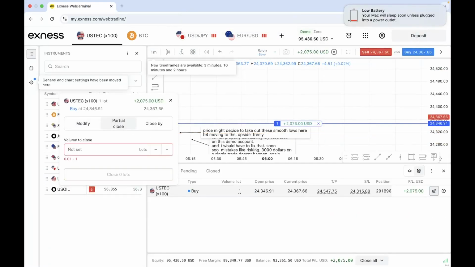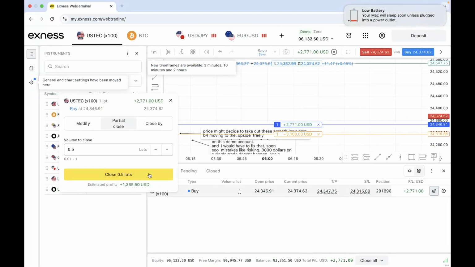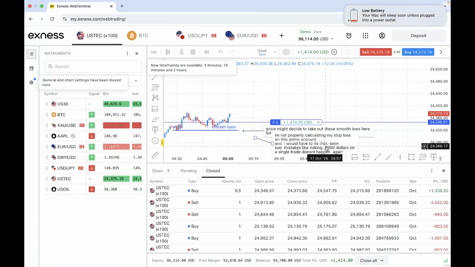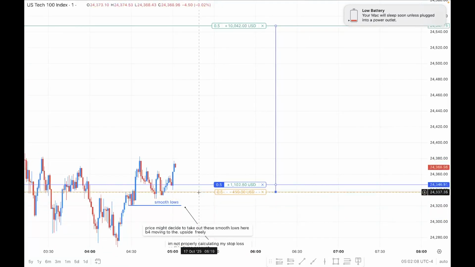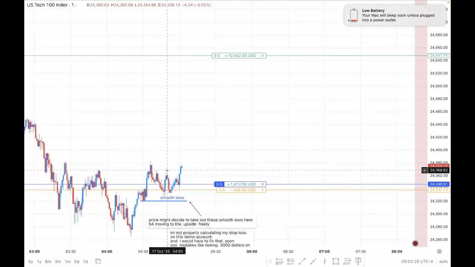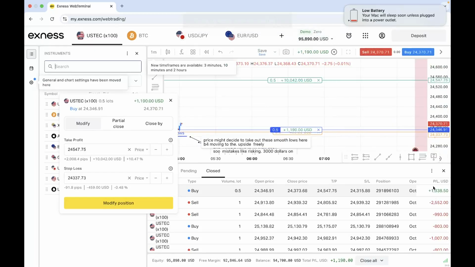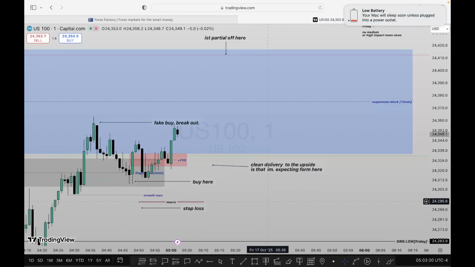So I took a partial close of $1,300 and left the rest to run. Now risking more properly, risking $400, targeting $10,000. So that was the idea at this point, and it was currently running profit of over $1,000 at this time.